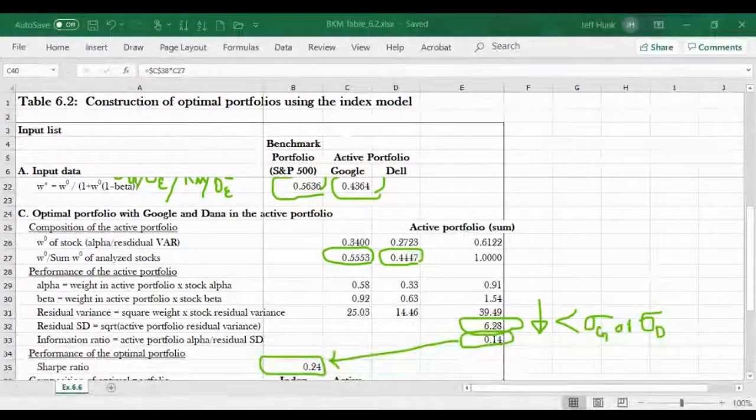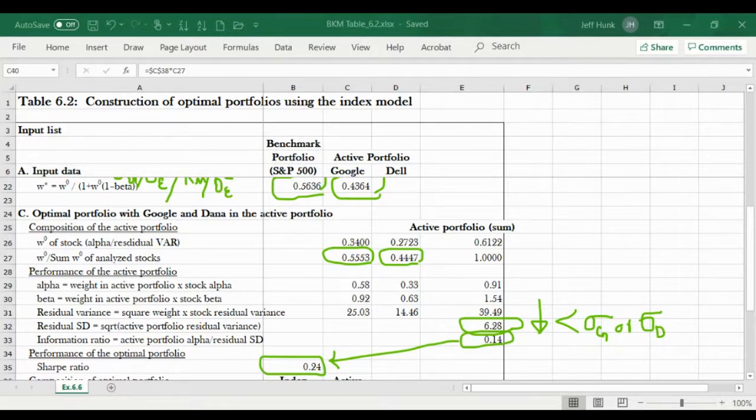And also, the optimal portfolio weight in Google alone is 50.94% and Dell 40.79%. The weight in Google is greater than the weight in the active portfolio without Dell. Because previously, what was the weight in Google in the active portfolio? 43.64.